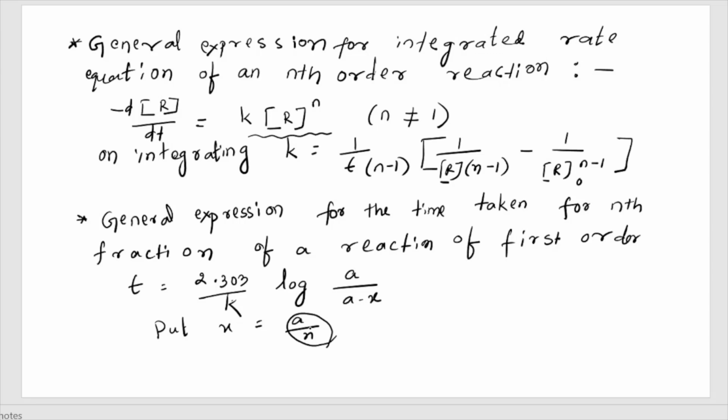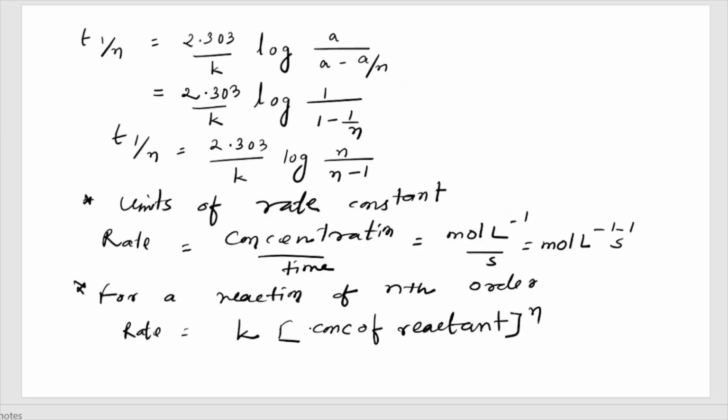Put the value x equal to A by n and calculate. T 1 by n fraction is 2.303 by K log A by A minus x. So you should put the value of x, and the answer is log A by A minus A by n.